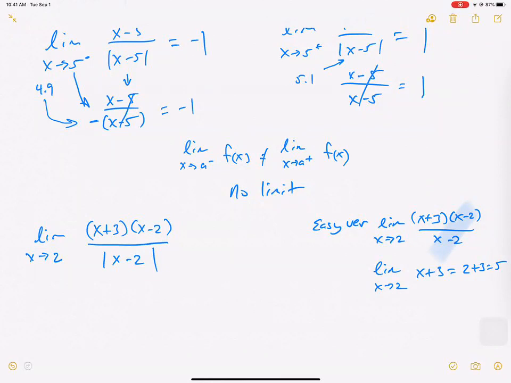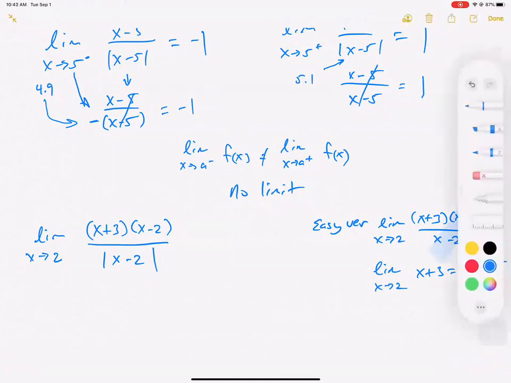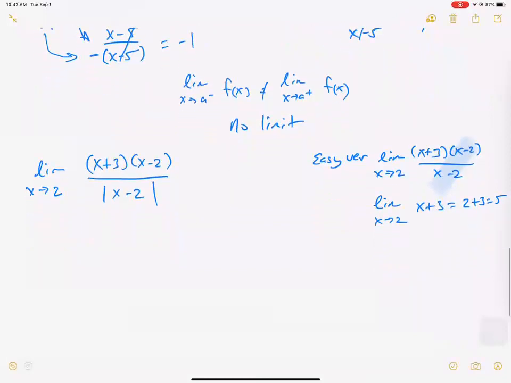But since there is an absolute value here, we're going to have to check: does the left limit look like the right limit? So let's plug in 2. We end up with 0 over 0 again. Indeterminate. Find another way. And this is our other way. We're going to break this problem up into two versions. (x plus 3)(x minus 2) over x minus 2.